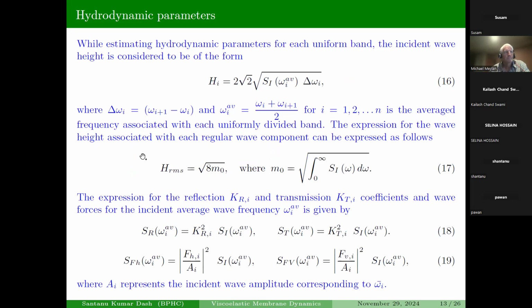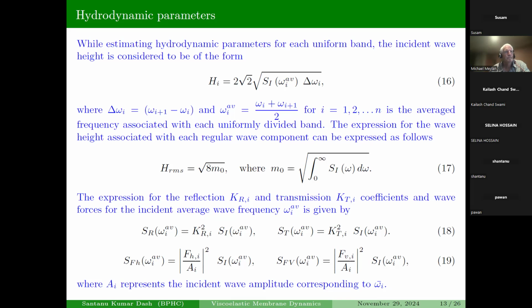Then, following the work of Goda, Cole as well as Liu, we find equations 18 and 19 representing the reflected and transmitted as well as the vertical spectral density relations.